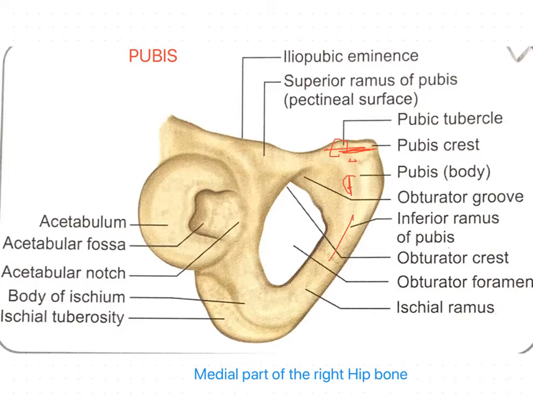The posterior or pelvic surface is smooth, directed upwards and backwards. It forms the anterior wall of the true pelvis, and it is related to the urinary bladder.